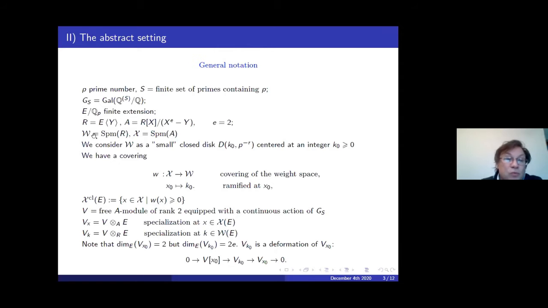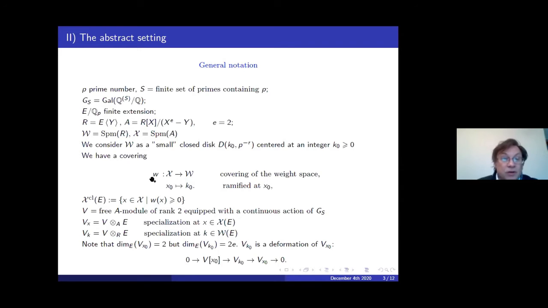W plays the role of weight space, and X is a covering of W, which is ramified at the center. The ramification index in some parts of my talk can be arbitrary, but one can always assume that it is equal to 2.